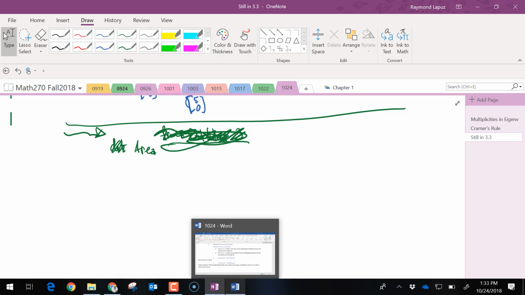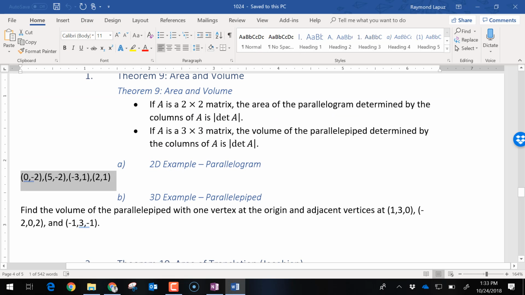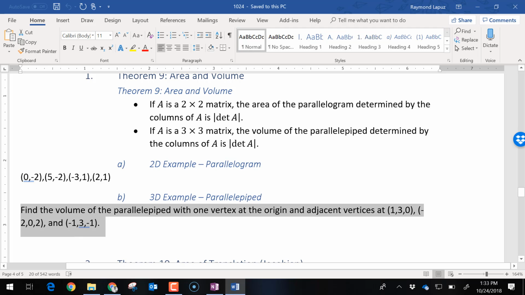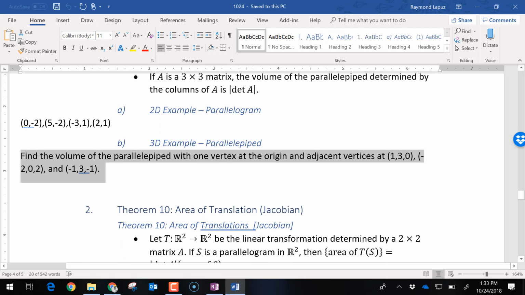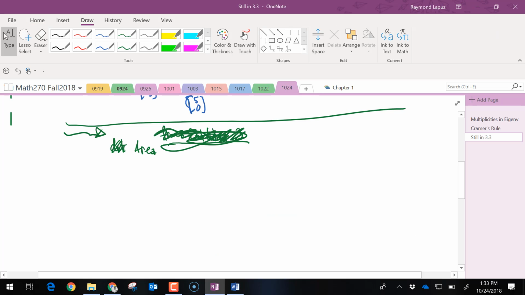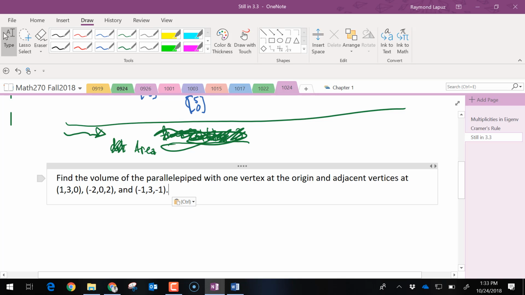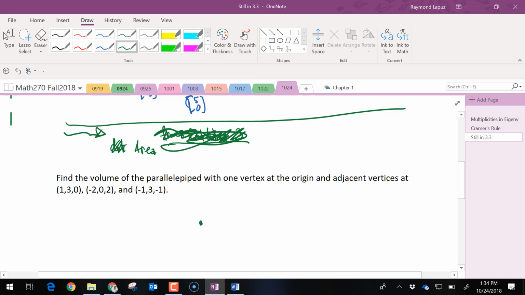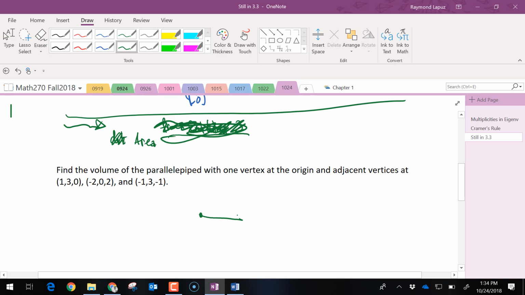So a parallelepiped is essentially a 3D parallelogram. Without sticking to these particular vectors, because it'll be hard to draw this in 3D, let me just draw a random looking parallelepiped.